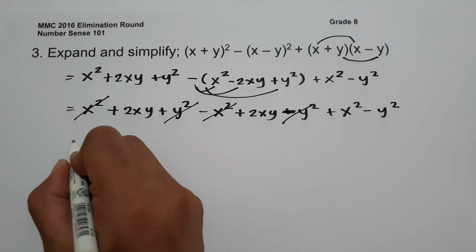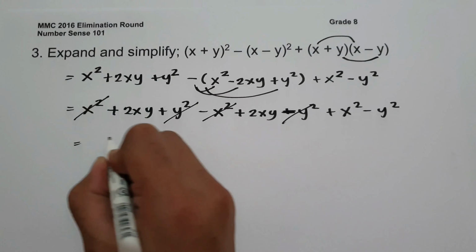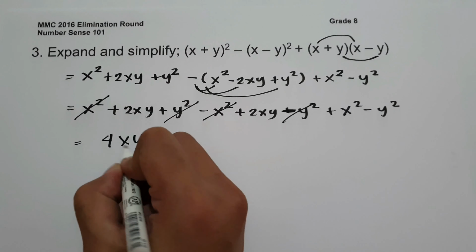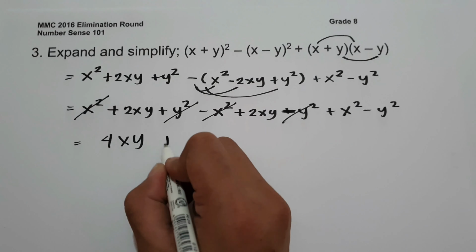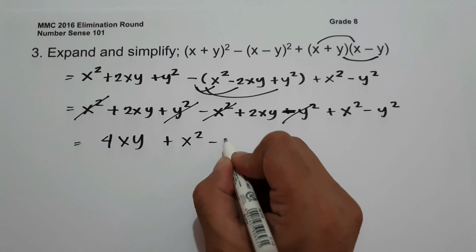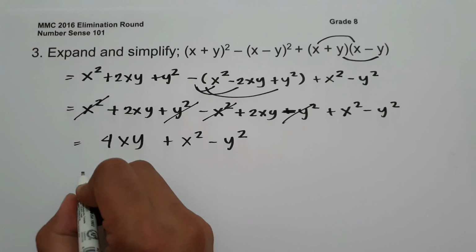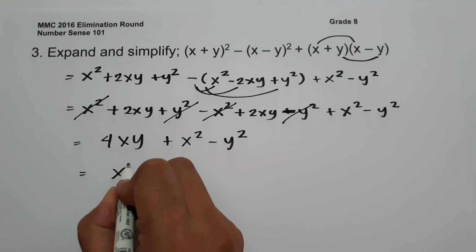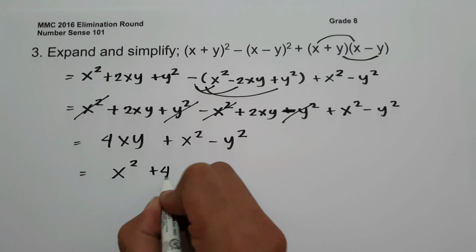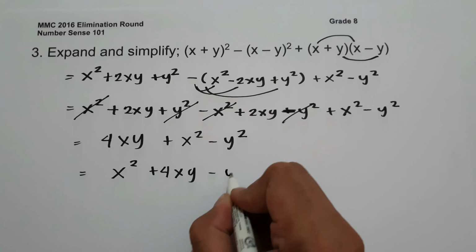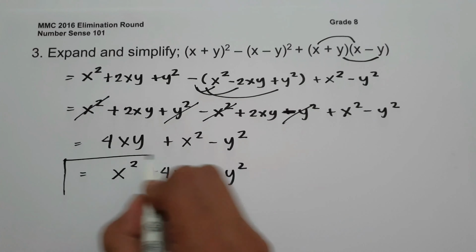And then let's have 2xy plus 2xy, that is 4xy, plus x squared minus y squared. And then to simplify, it will give us x squared plus 4xy minus y squared. And this will be our answer.